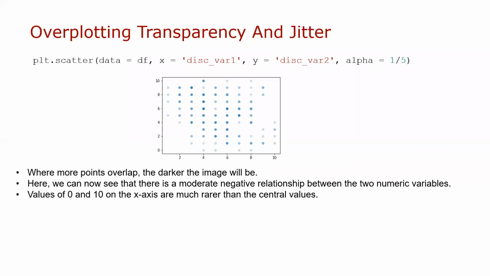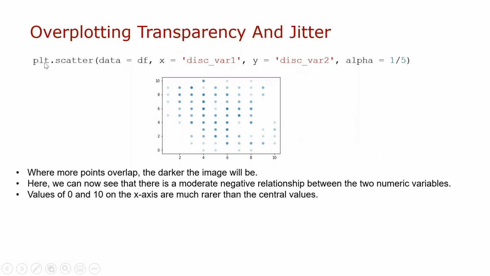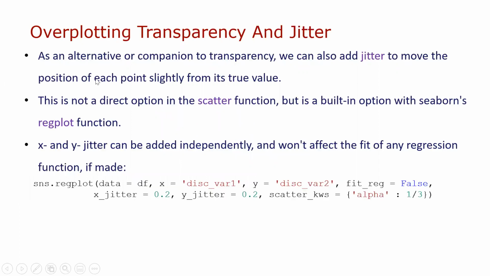So it's not going to be exactly in its place, it's going to be a little bit off. That's what we call a jitter. Okay, so we have this regular plot and X jitter, Y jitter, and here the alpha. As you can see, this one is in PLT, while this one is seaborn.